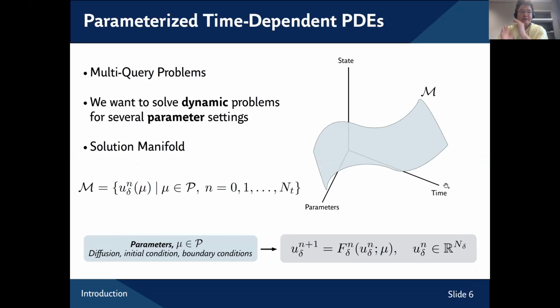So we are not only going to consider time-dependent PDEs, but also parameter-dependent. In this case, we assume that the problem and the solution are also dependent on parameters, which leads to what we call a solution manifold, a manifold of solutions parameterized by the parameters.